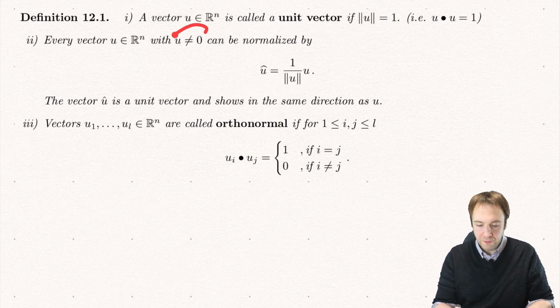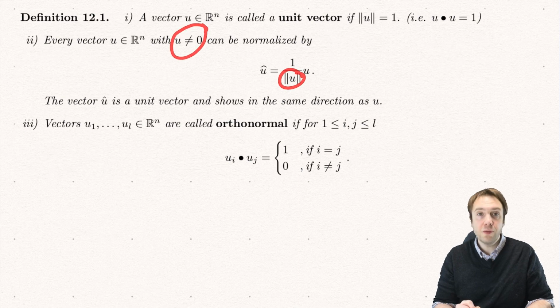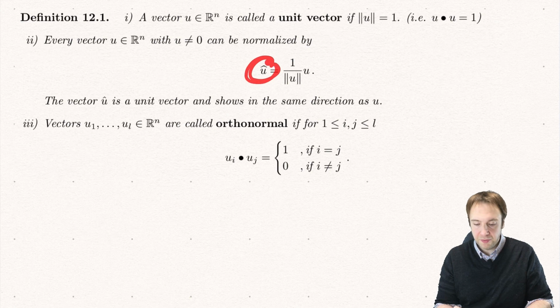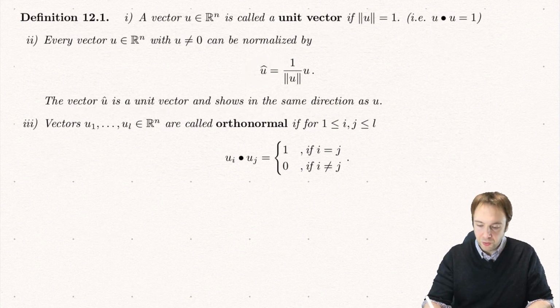So if u is not 0, then the norm of u is not 0, and therefore I can multiply this vector u with this scalar, 1 over the norm of u. And then after this, this u hat here is a unit vector. Because what is the norm of u hat? Well, by definition, u hat is 1 over the norm of u times u.